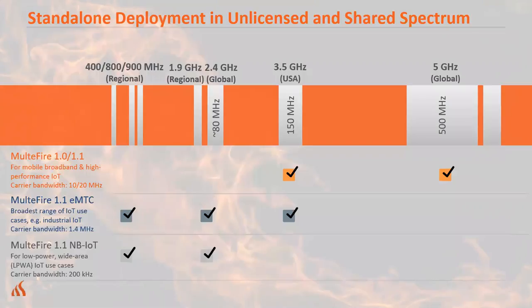For release 1.1 specifically, we have listed additional bands that could be targeted, such as sub 1 gigahertz, 1.9 regionally, as well as 2.4 when it comes to eMTC and NB-IoT applications. I know 3.5 is listed on this slide. That's more of a technical solution available, but as I mentioned earlier with CBRS, LTE will be deployed there in the states.